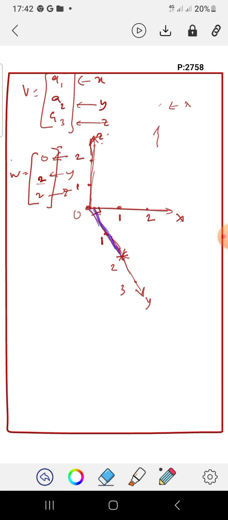Then you now align it with 2 on the y-axis. So it goes up, up, up to align with 2 on the y-axis. So this is your vector.